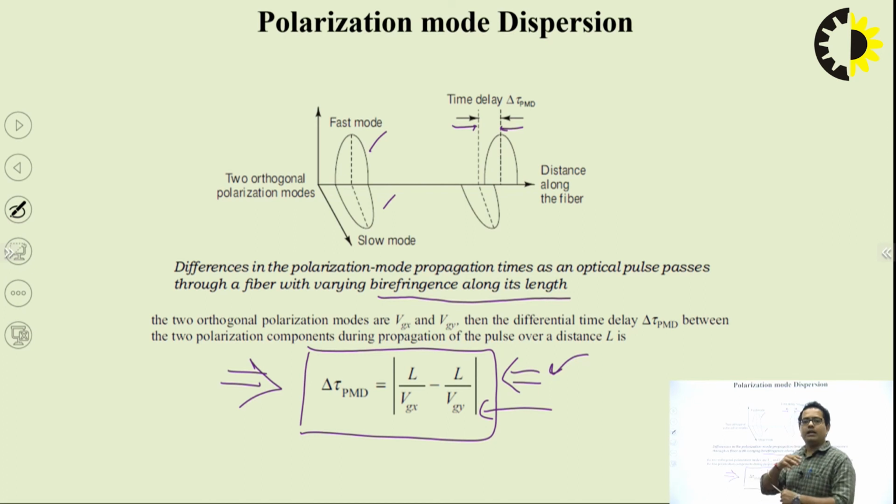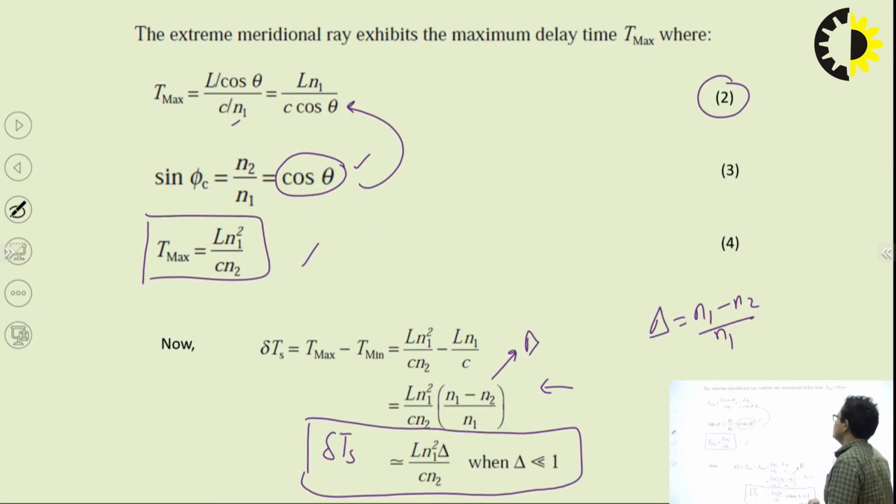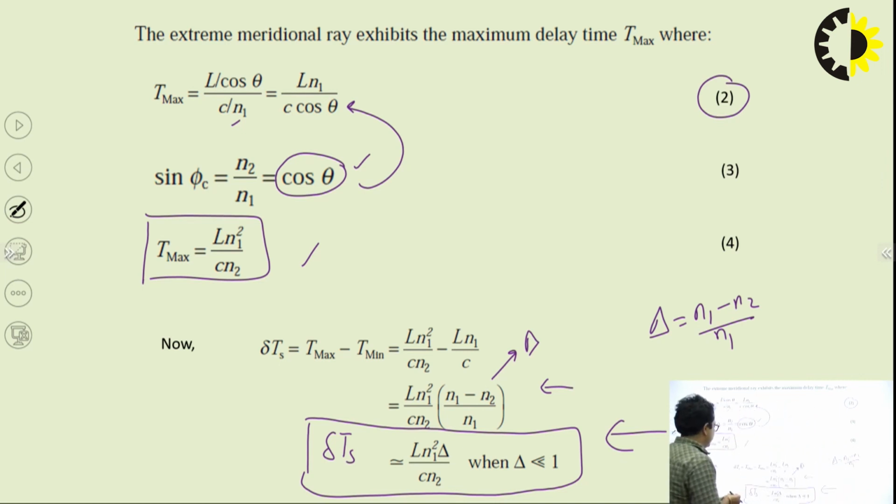They strike the core and clad interface, and with multiple total internal reflections, they travel through the optical fiber. If we calculate the delay between these two rays, it helps us establish the modal delay occurring inside the multimode fiber. The formula we calculated is delta Ts equals L n1 square delta upon C n2. This formula helps us establish the relation.